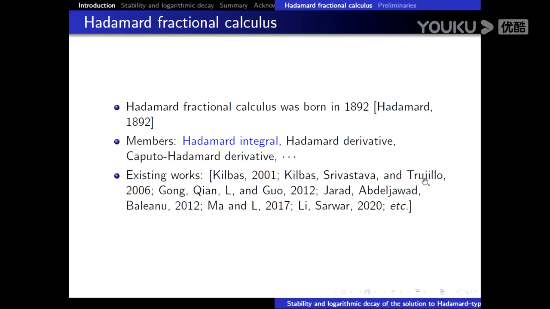Then there are books by three authors. And also this paper is in the edited book by Baleanu and Agarwal. And there is a paper by Baleanu and his co-authors. Then this is Ma and me, and this is I and my PhD student.